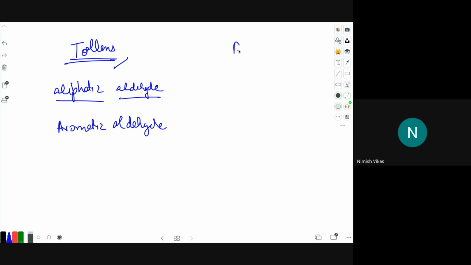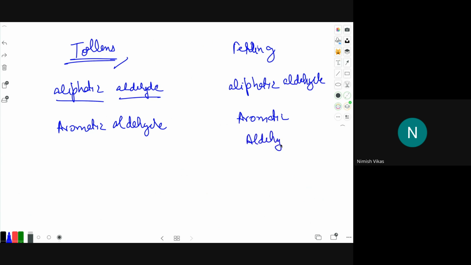But when we check for Fehling's, Fehling's will give a test only for aliphatic aldehyde. For aromatic aldehyde, it won't give this test.